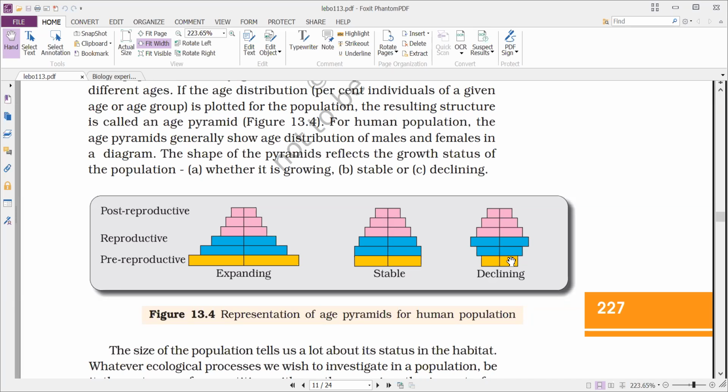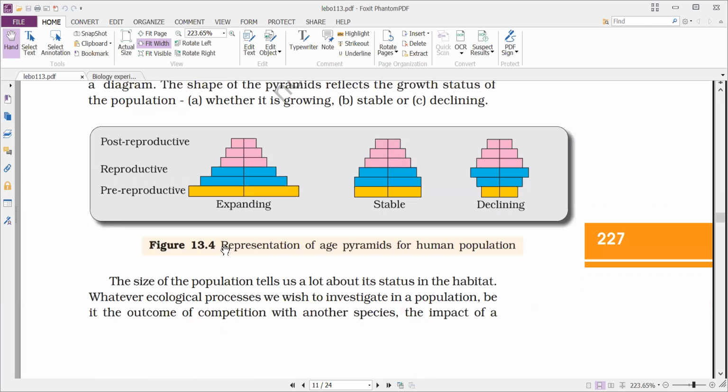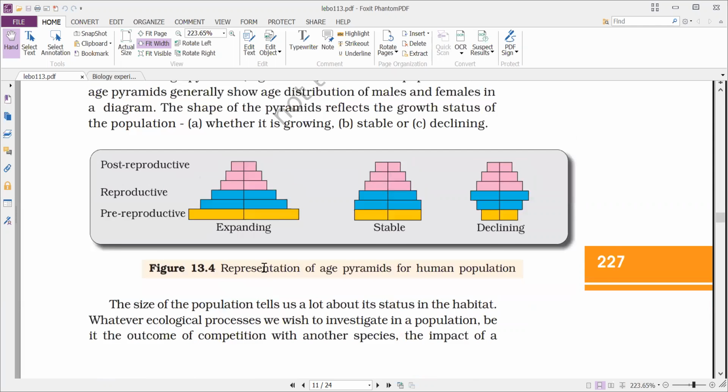This is the condition observed in China, the declining, because the pre-reproductive age people are very less, and the reproductive age people are also less. So the population is declining in China. But in India, both pre-reproductive and reproductive age people are more. That's why the population is increasing. So by observing these age pyramids, we are able to understand whether the population of a particular organism is increasing, decreasing or stable.